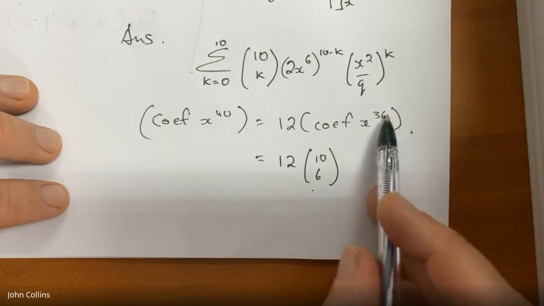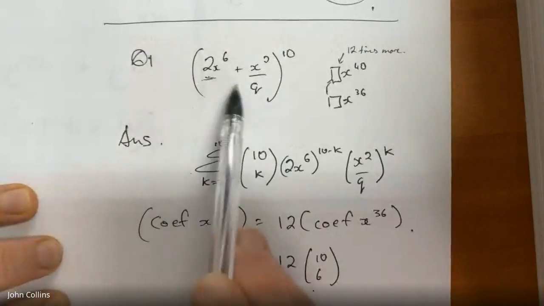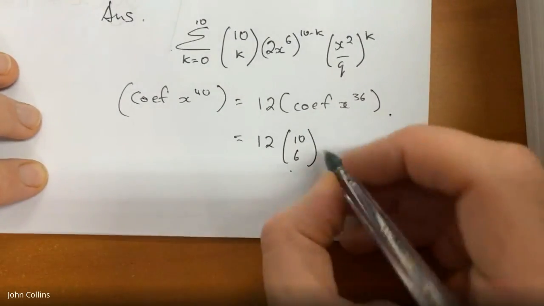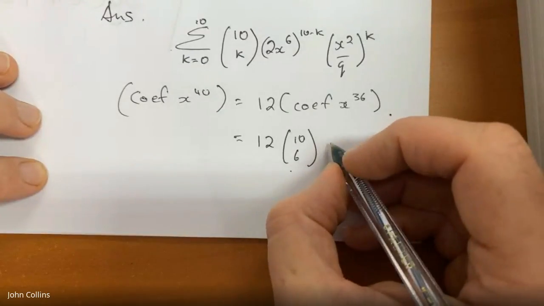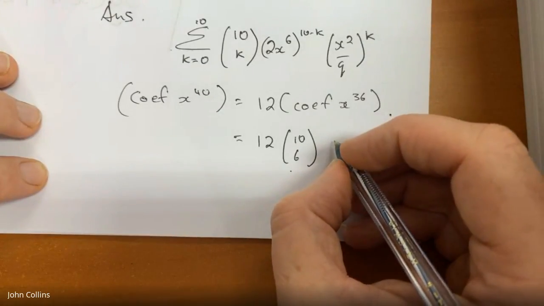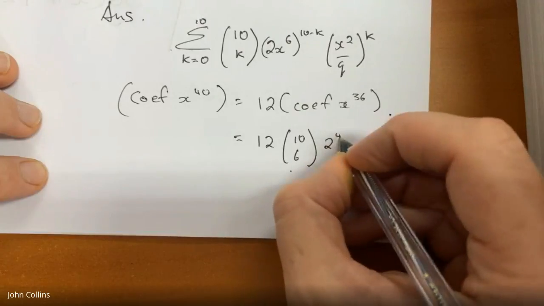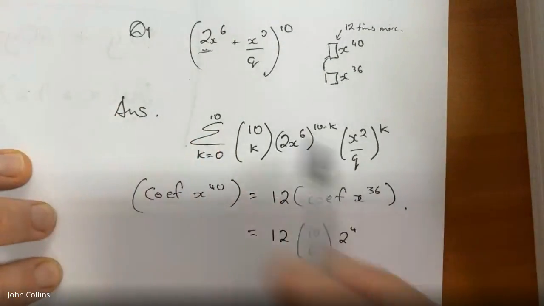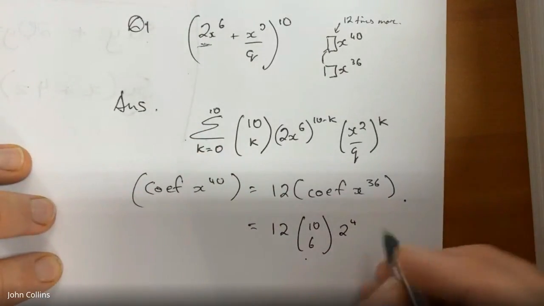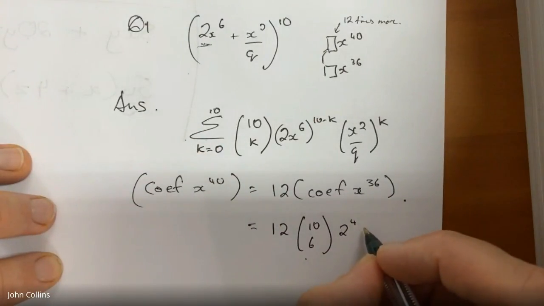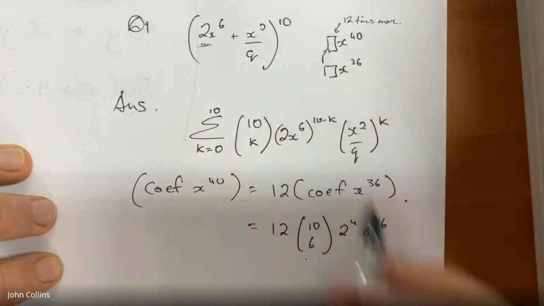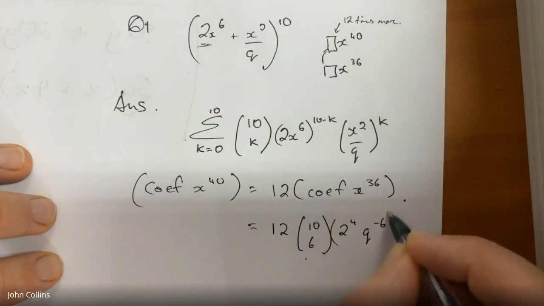To get to the power 36, you have to manipulate this and make sure that you would make 36, but it would be 10 choose 6. Looking at the coefficients, I think we get 2 to the 4, because 10 minus 6, and then it's going to be q to the negative 6, because it's q below.